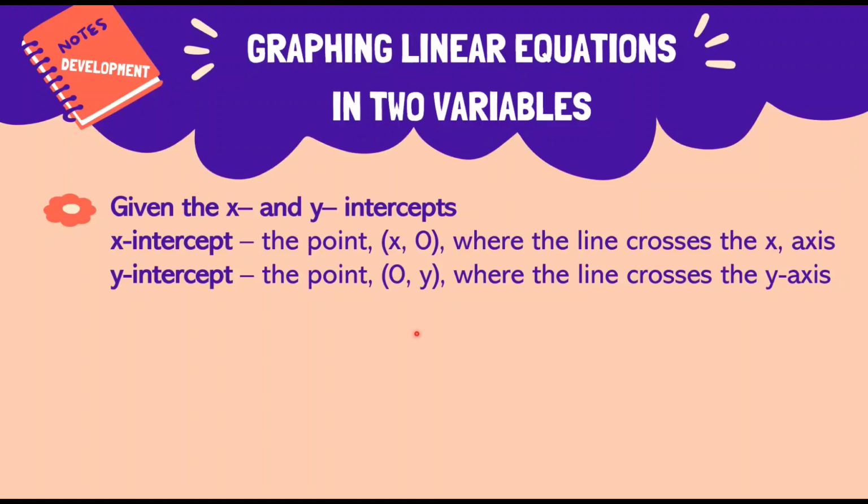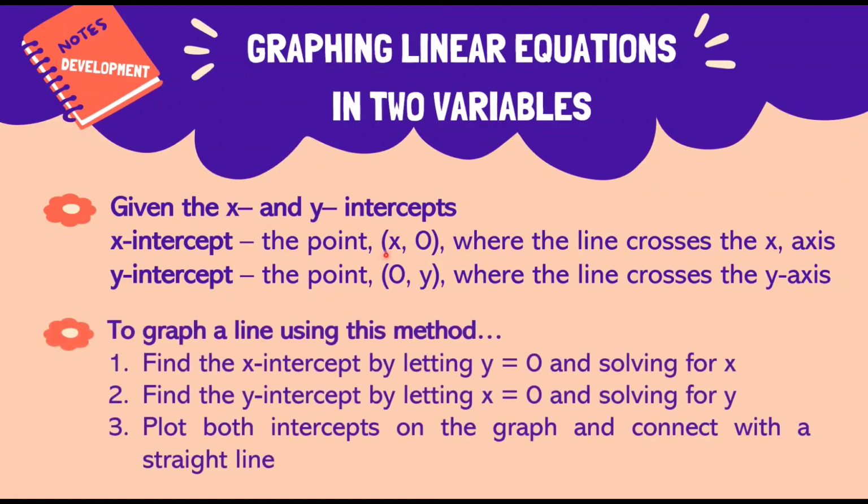Now, in order to graph the given equation of the line using these methods, we need to use these 3 steps. So, the first one, find the x-intercept by letting y is equal to 0 and solve for the value of x. So, in the given equation, we need to substitute 0 as the value of our y in order to find the value of our x.